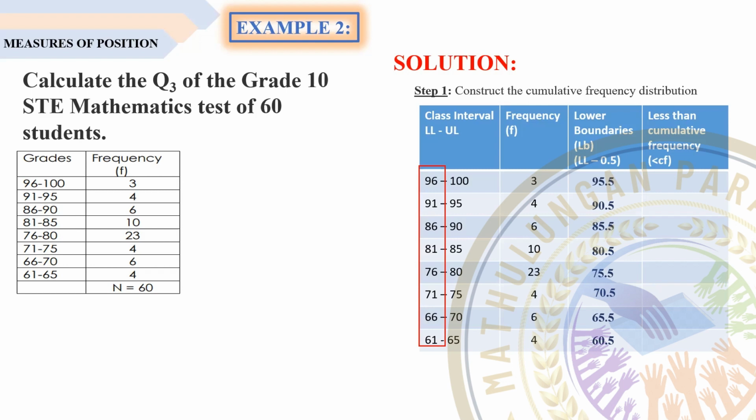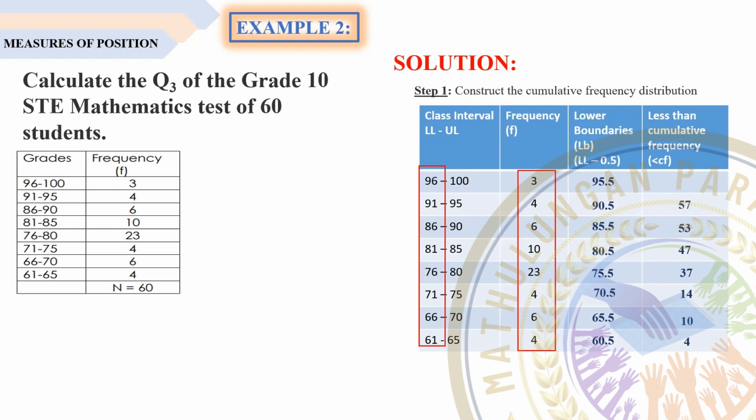Next to that is the cumulative frequency. So we have to start from the lowest part, which is 4. And 4, you just have to add what is next to that number, which is 4 plus 6 is equal to 10. 10 plus 4, that is 14. 14 plus 23, that is 37. 37 plus 10, that is 47. 47 plus 6, that is 53. 53 plus 4, that is 57.